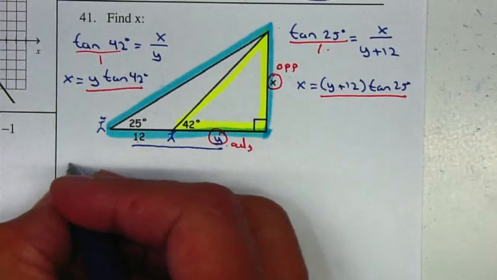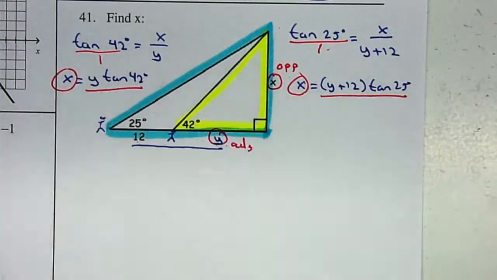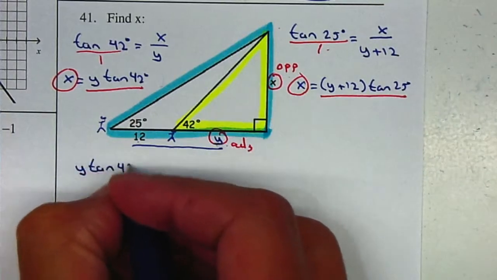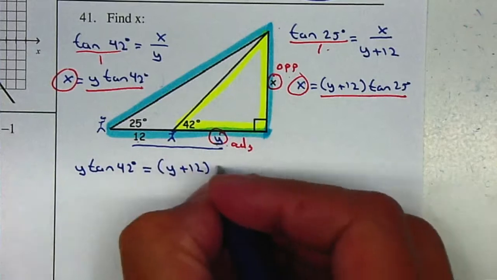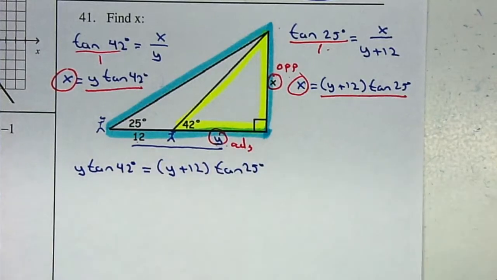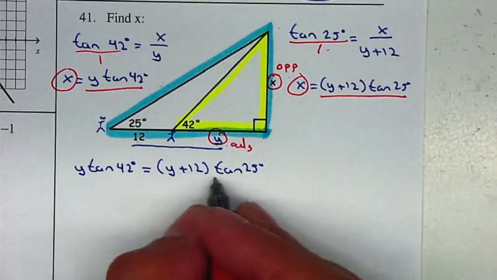Since they both are equal to x, that means they both have to be equal to each other. We have y tangent of 42 degrees is equal to y plus 12 multiplied by the tangent of 25 degrees. From here, I notice I have y on both sides, and this y is being tied down by the parentheses.